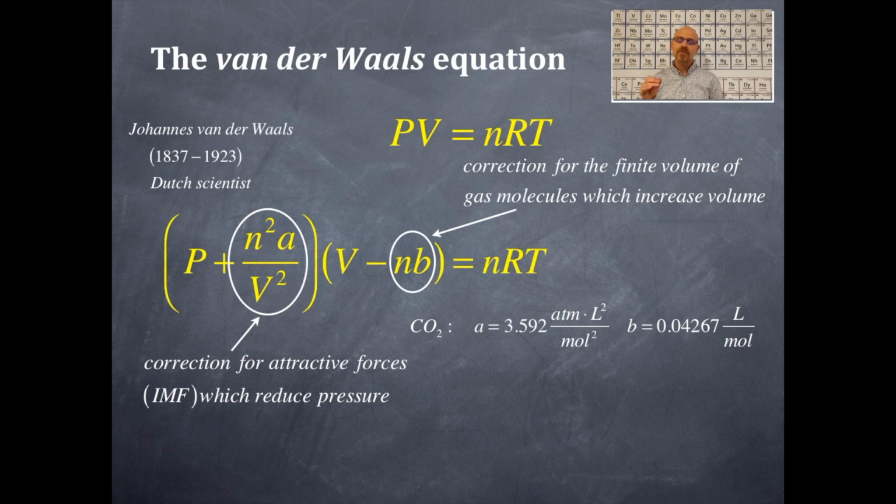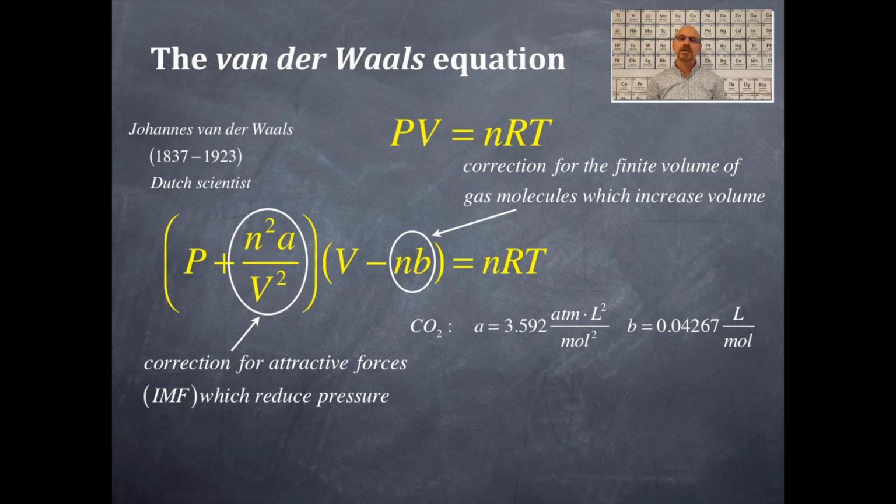For carbon dioxide, now each gas has its own set of two constants. A and B are constants for those specific gas molecules. So for carbon dioxide, the constant A is 3.592 atmospheres liters squared divided by moles squared, and the constant B is 0.04267 liters per mole.